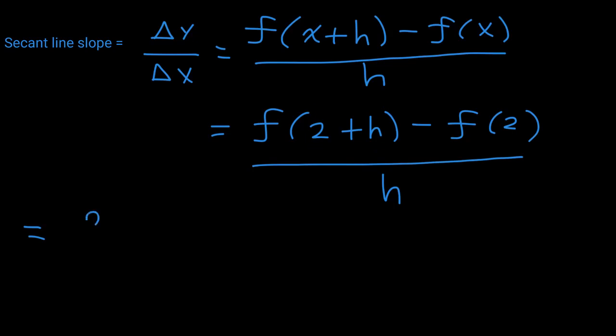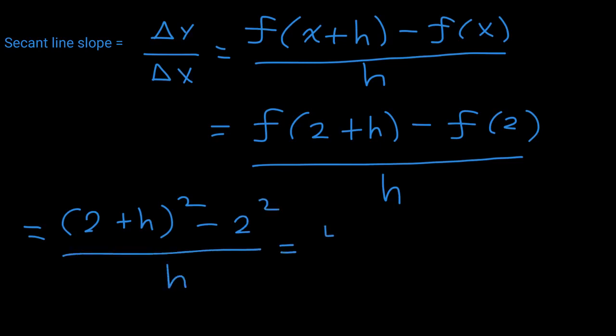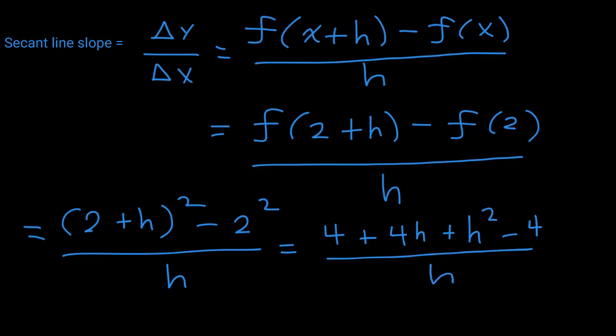So then this is 2 plus h, quantity squared, minus 2 squared all over h. So let's simplify this. So then this is 4. Expanding this binomial here is 4 plus 4h plus h squared minus 4 all over h.